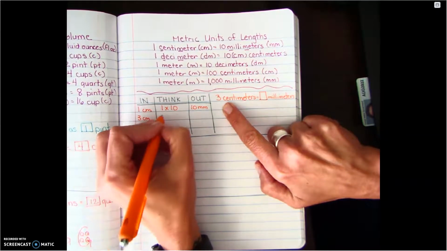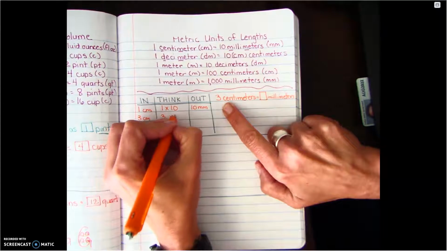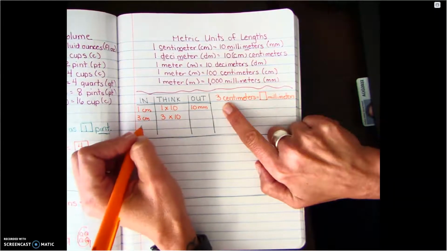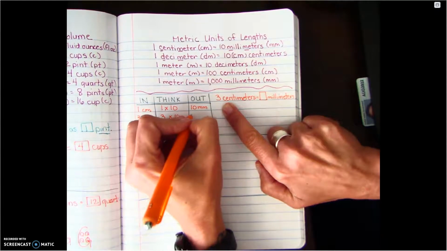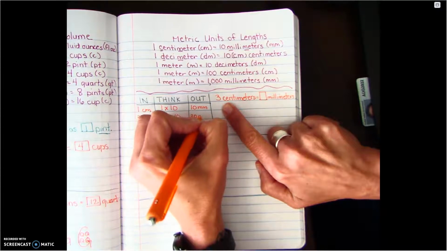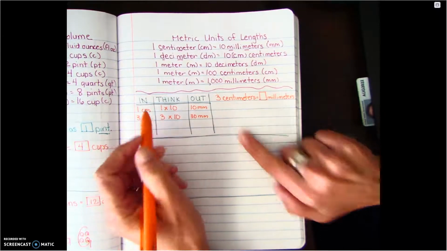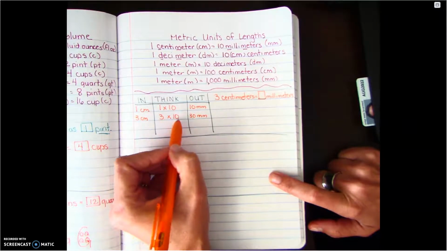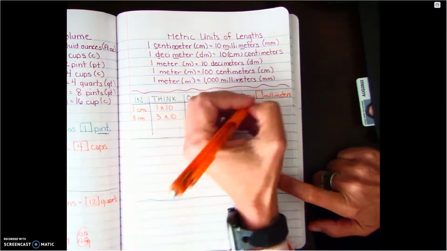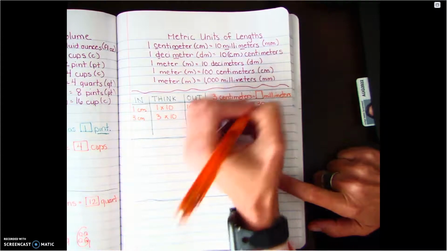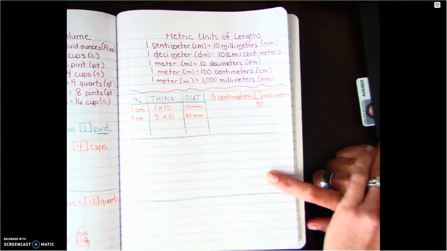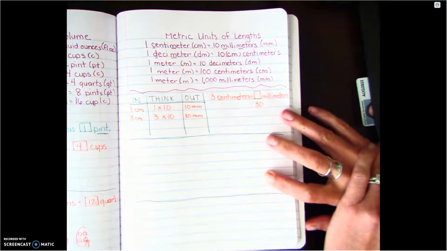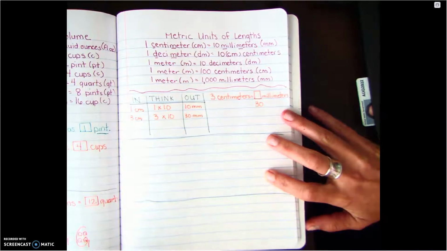So that means I have 3 groups of 10. So that means 3 centimeters is really 30 millimeters. And this is why I like these so much, because it's just multiplying. We do 3 times 1 and add that 0. So that means my answer here would be 30 millimeters. Now, if you don't have the chart, it's going to be a lot harder, so make sure you use the chart.